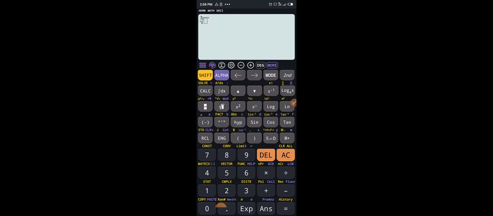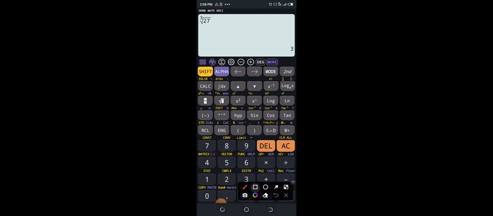This is how you put the radical sign. The calculator will show the cube root of a number. Here you just write the cube root of 27. When we find this cube root, the answer we get is 3. This is how we find the cube root.